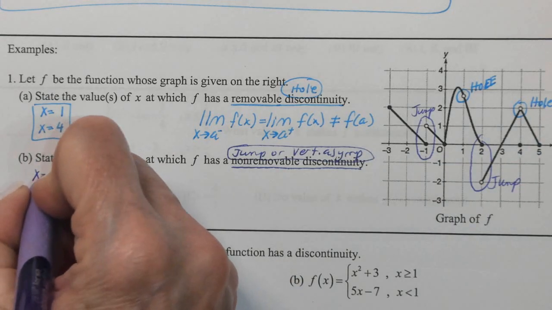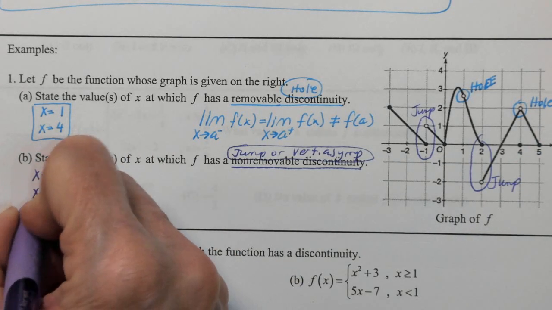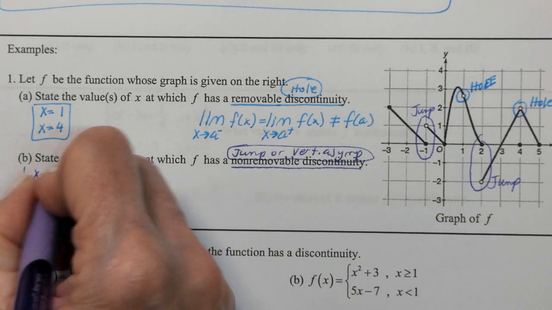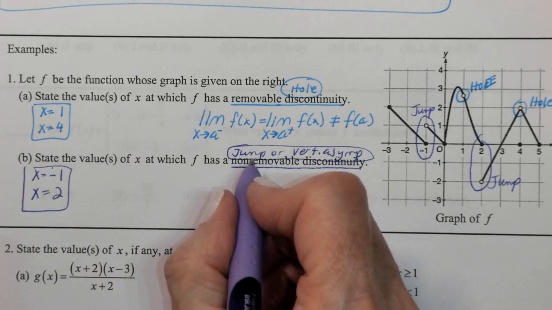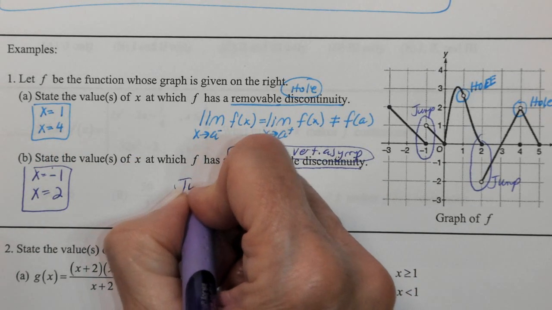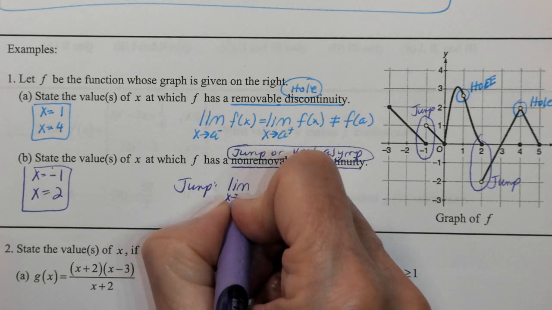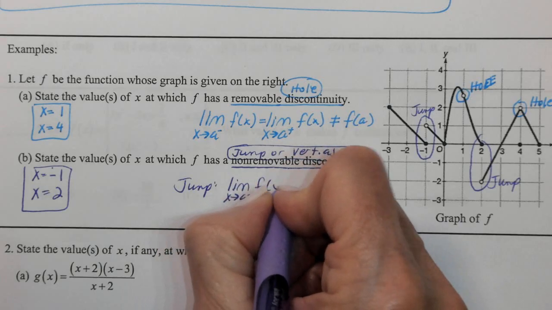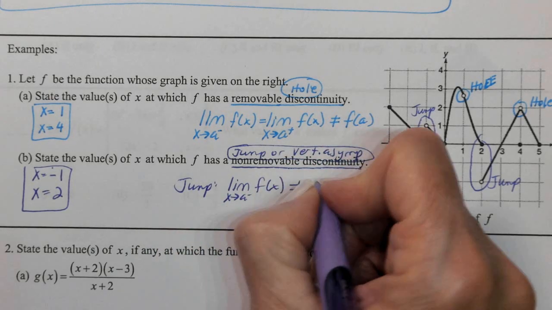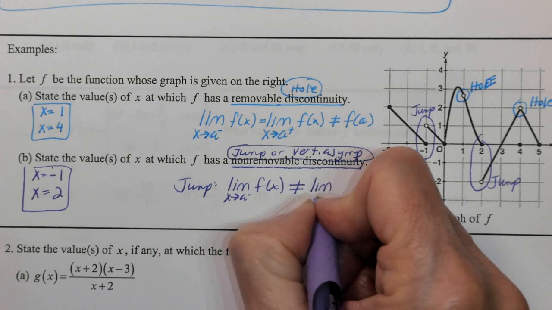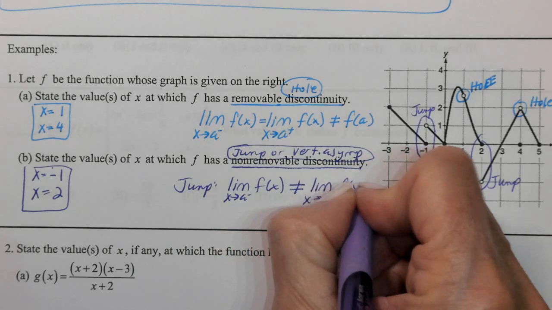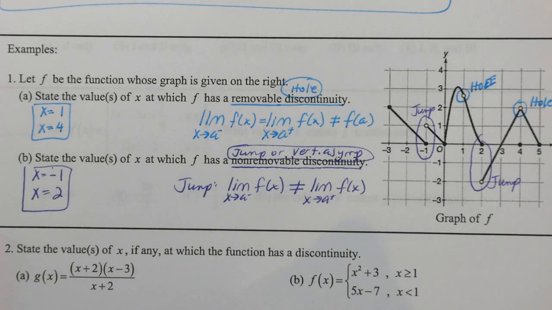So x is equal to -1 and x is equal to 2. So remember, a jump is when the limit as x approaches a from the left is not equal to the limit as x approaches a from the right.